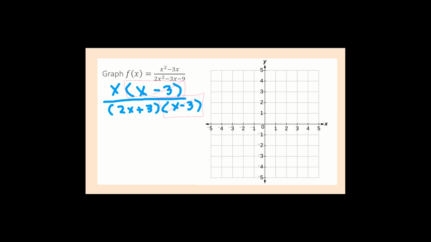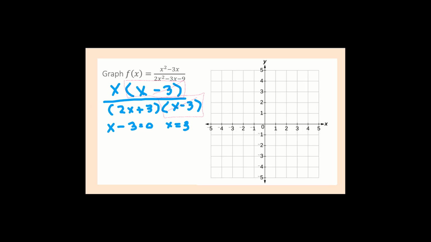But we also have to use that to identify the hole in our function, and that's going to be at x minus 3. So if you set x minus 3 equal to 0 and solve for x, you'll get x equals 3.